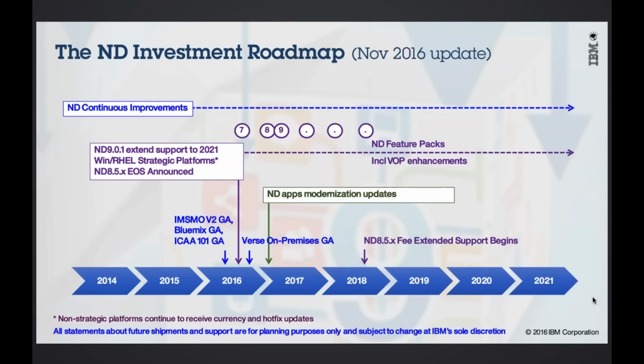We did release what we called Fix Pack 7 in September. It did still contain features. It was named Fix Pack. We are going forward with the new name starting in Feature Pack 8. So starting in 8, you will see the new nomenclature of feature packs.